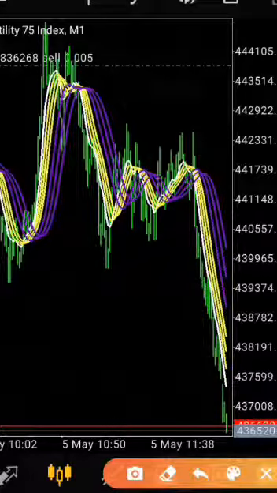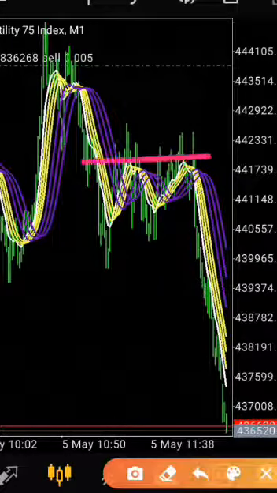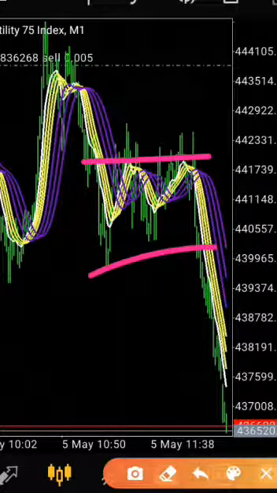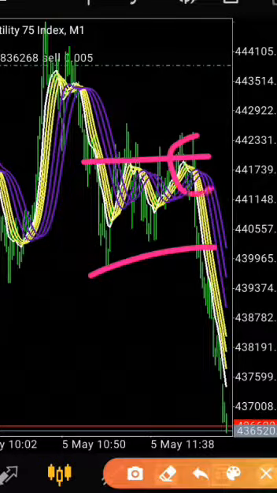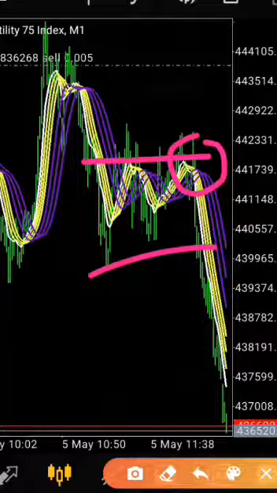When it reached here, it tried to form a channel again, and with the cross of the moving averages, it still went down. We'll try to see how far it will go down, and I'll give you updates.